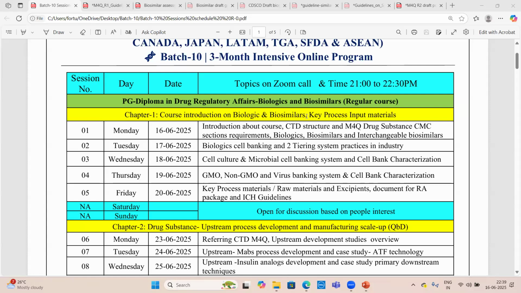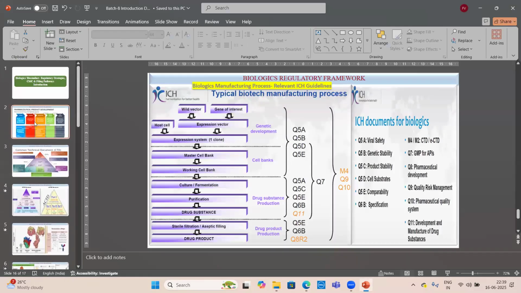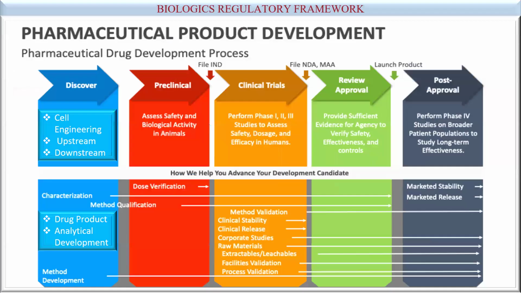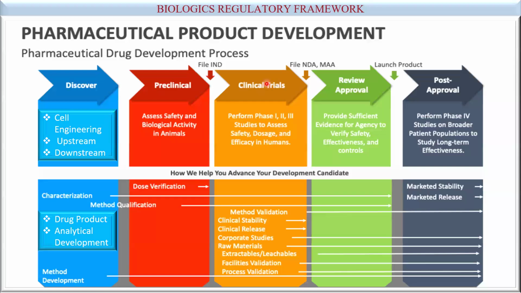Clear? No, I didn't get it. See, it is very easy. When you want clinical trial batches, are you able to see the screen? Yes. So our organization is not going to do any validation. We just have to generate the clinical batches and go for the clinical studies.